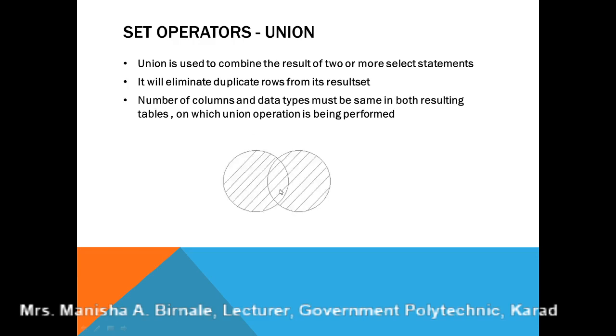This is a Venn diagram representing the set operation union. This is the output of query 1 and this is the output of query 2, and this is the common or duplicate rows. So here these duplicate rows are taken only one time.